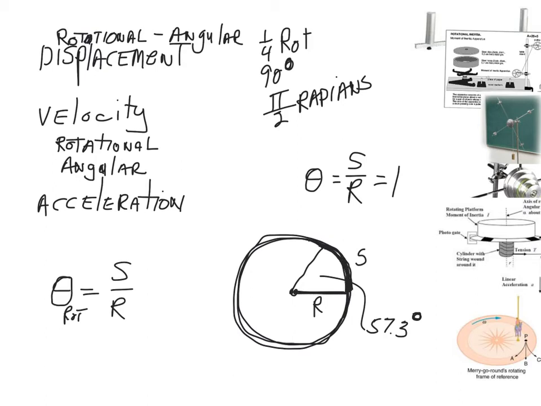But the arc length of a complete circle is its circumference. So it's 2 pi r, that's the s, divided by r. And there's where, I hope you understand this, the 2 pi radians comes from. But 2 pi is a number, right? It's 6.28 something.